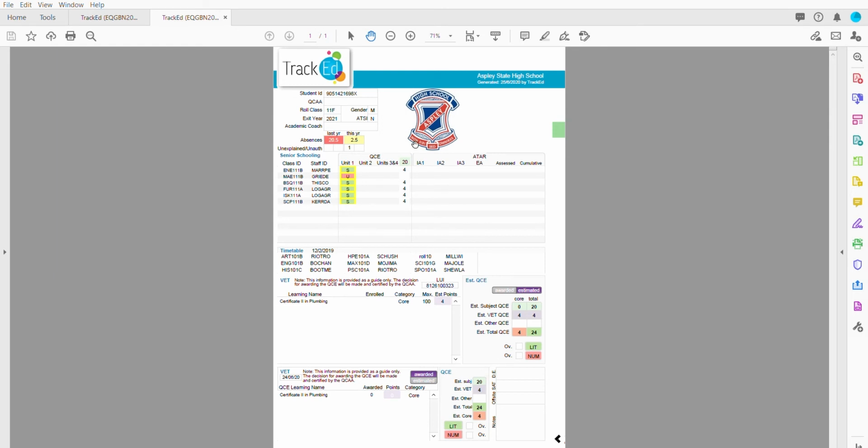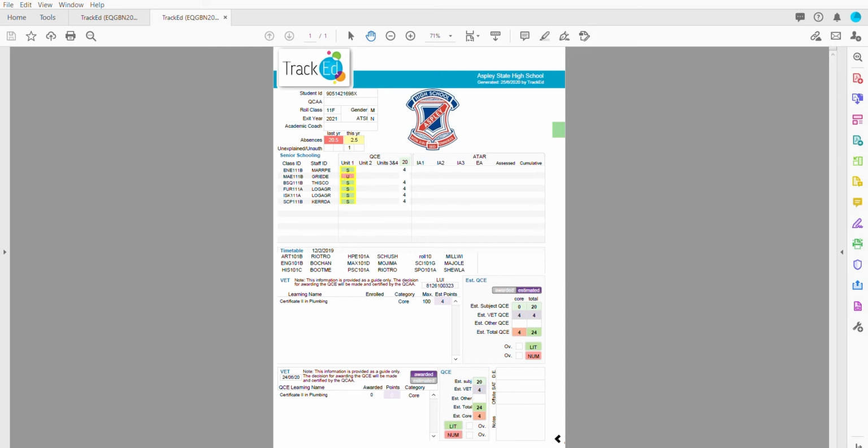So they'll need their 20 points plus literacy and numeracy, and currently they are not on track based on that unsatisfactory in mathematics. Students can gain their literacy and numeracy by a satisfactory completion of a unit of English or mathematics.